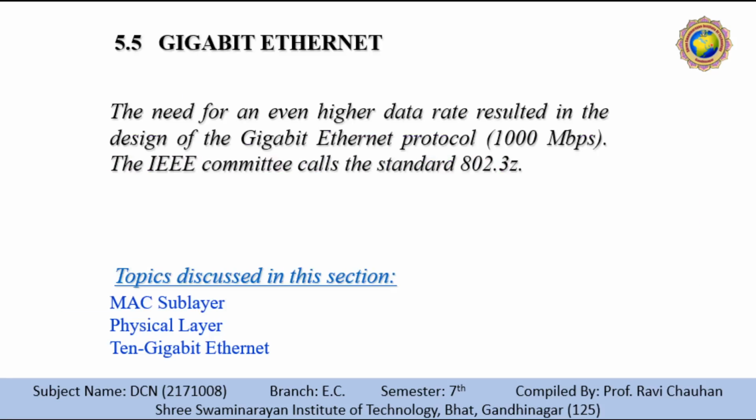Next is gigabit Ethernet. The need for an even higher data rate resulted in the design of the gigabit Ethernet protocol, nearly 1000 Mbps. The IEEE committee calls the standard 802.3z. The goals of the gigabit Ethernet design can be summarized as below.